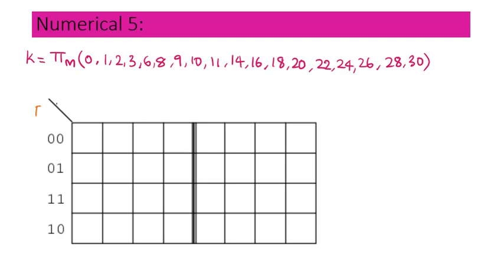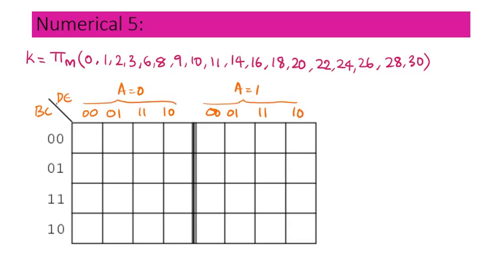A is considered to be 0 for the first half of the 4 variable and A is equal to 1 for the next half of the 4 variable Karnaugh map. And I have directly mapped the max terms because I am well aware of the representation of the decimal notations as to where the max terms have to be mapped.